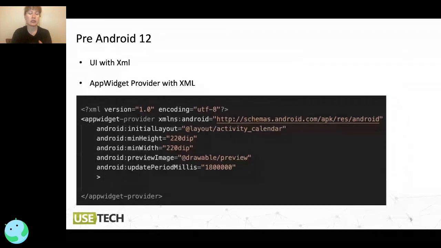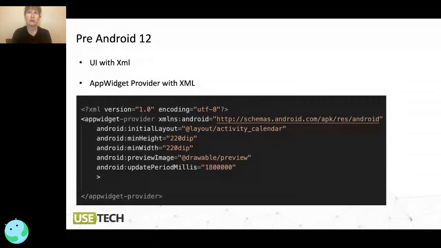First, it was the initial layout of your widget that should be shown to your user while your widget is uploading information or loading in states. And there have to be some limitations of size. The size depended on some kind of cell size.